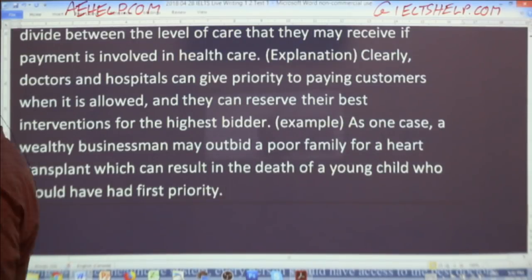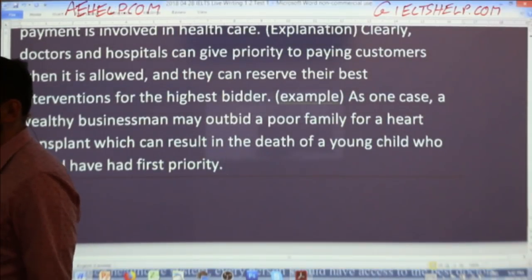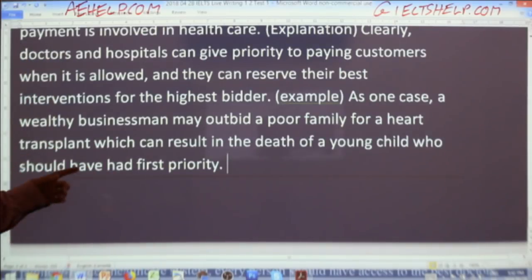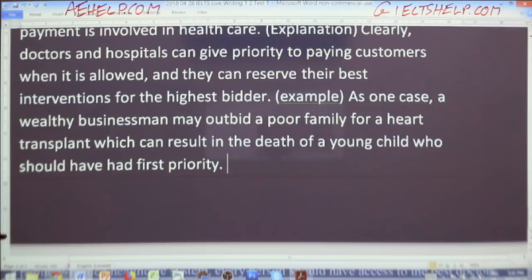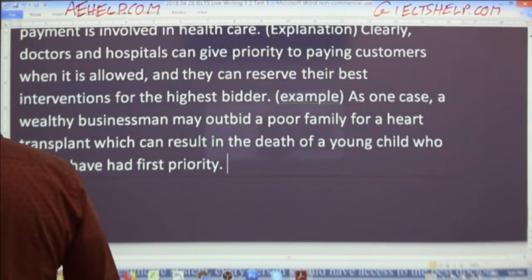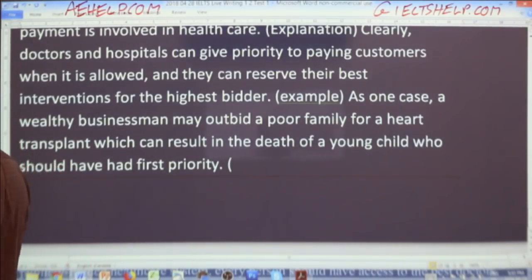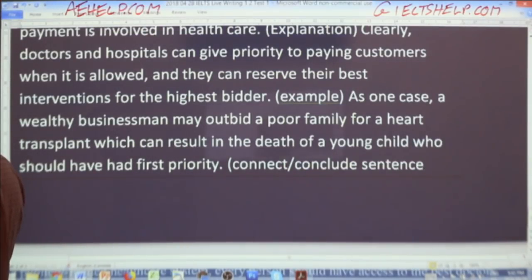Okay, sure. So I gave a very brutal example, but that makes for effective writing. As one case, a wealthy businessman may outbid a poor family for a heart transplant, which can result in the death of a young child who should have had first priority. Okay, good. So here I can connect and conclude. That's my last part here. So connect, conclude. Sentence, of course, is not the conclusion.